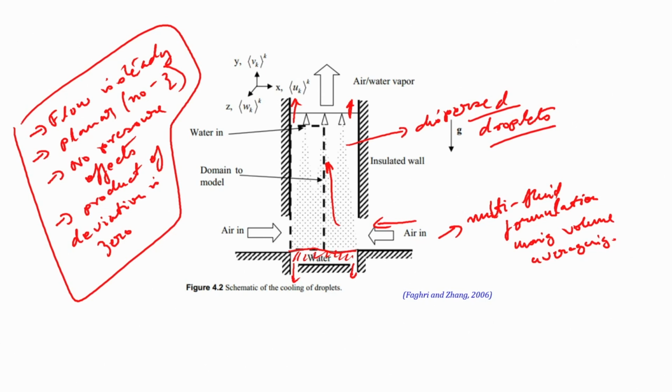Can we cast this problem in a nice theoretical framework with all the governing equations, and write down all the boundary conditions? Recall these walls are insulated, so you can have a zero heat flux condition at these walls. All these things we need to cast, and show that this can be solved by the multi-fluid formulation using the volume averaging technique that we talked about.